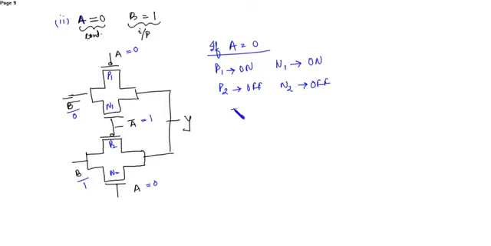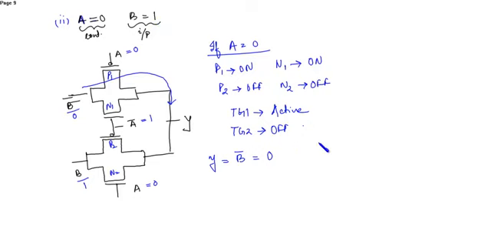So the transmission gate 1 is again active, while the transmission gate 2 is off. So the input B bar is available at the output Y. So Y is equal to B bar, which is equal to 0, since B here is 1.